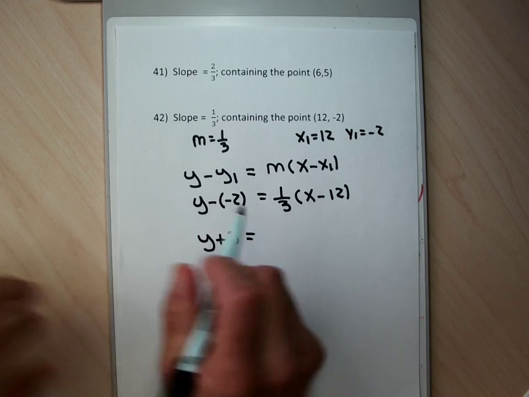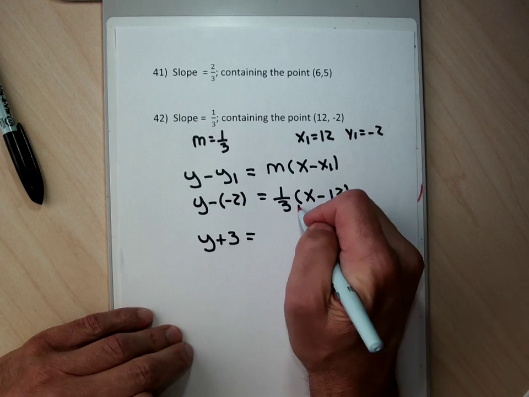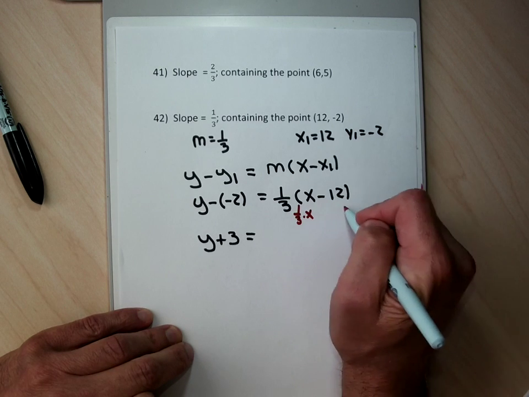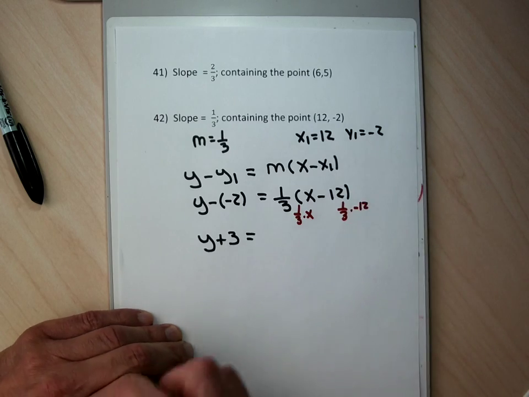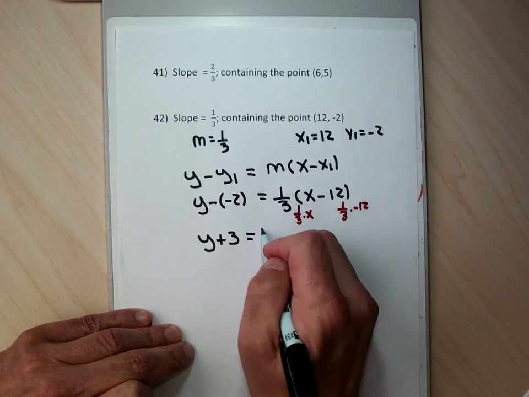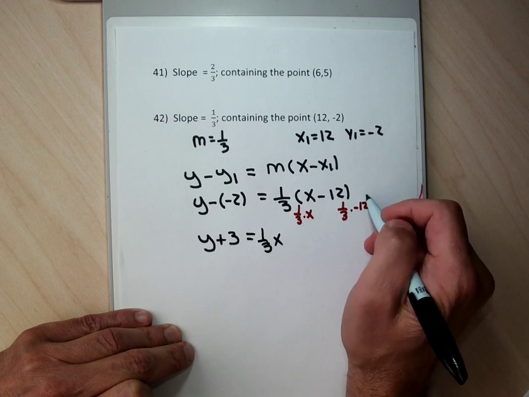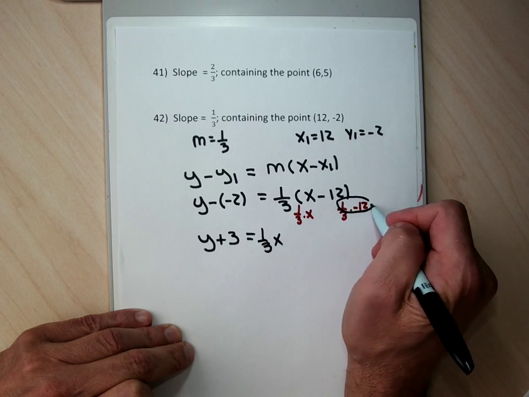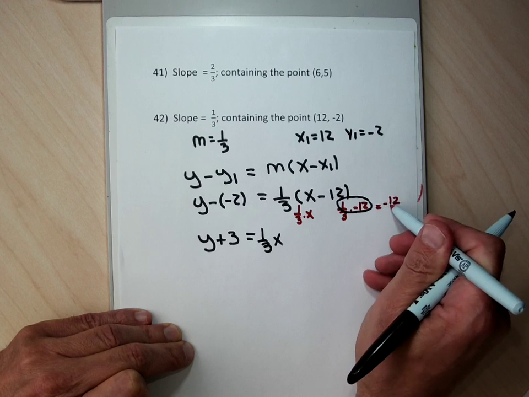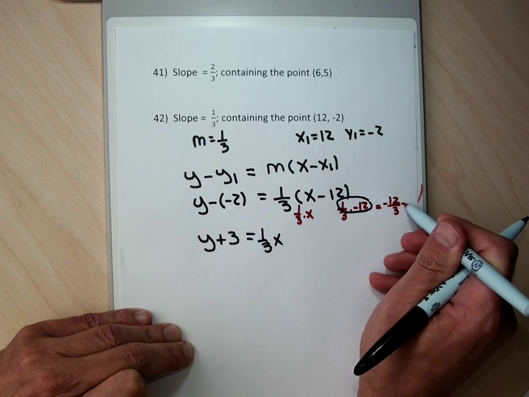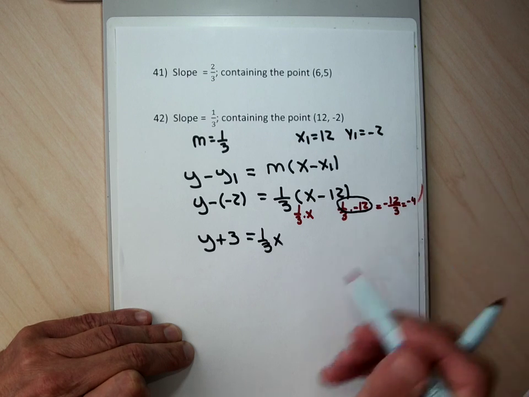Right side, I go 1/3 times x and 1/3 times negative 12. 1/3 times x, I'm just going to write as 1/3 x. 1/3 times negative 12, I could multiply the 1 and the negative 12 and leave the 3 in the denominator. That would give me negative 12 over 3, and negative 12 over 3 reduces to negative 4.